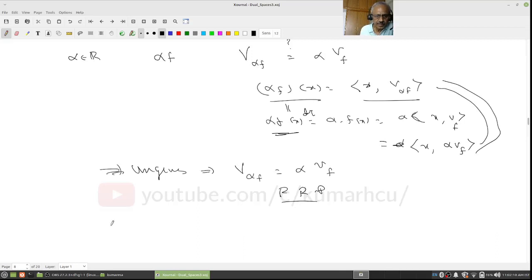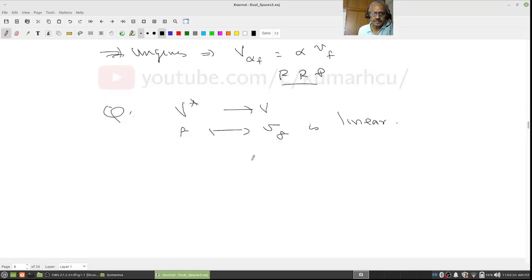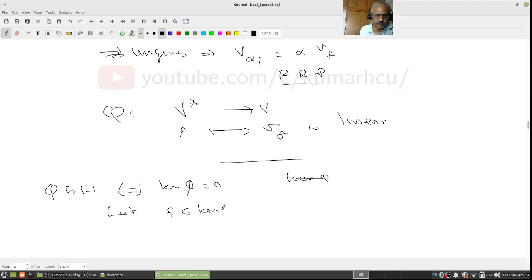Hence, the map phi from V star to V, f going to v_f, is linear. And since it is linear, I want to say phi is one-one if and only if kernel of phi is 0. If kernel of phi is 0, what does it mean? Okay, let f belong to kernel of phi.